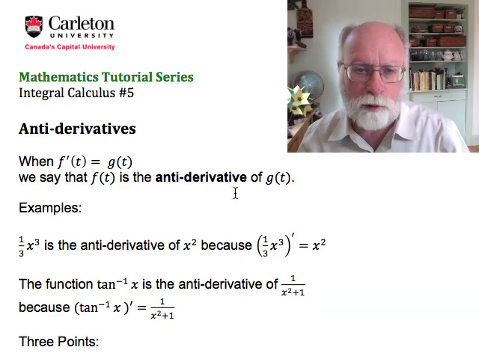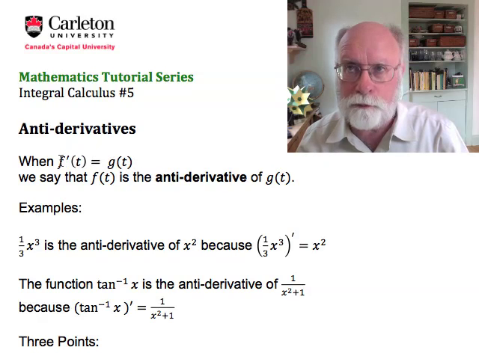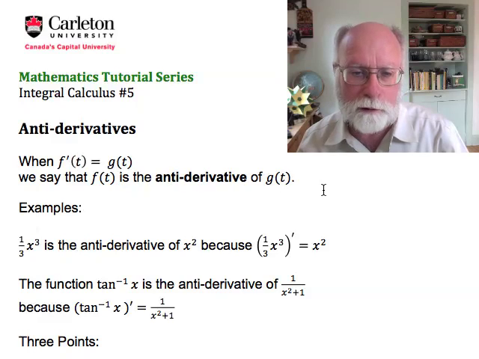So when we have a given function g, and if we can find a function f such that f prime is g, so the derivative of f is g, then we say that f of t is the antiderivative of g of t. And I'll say more later about the use of the word "the" rather than "an" antiderivative here, because that's an important point that we'll have to deal with in our development of antidifferentiation.